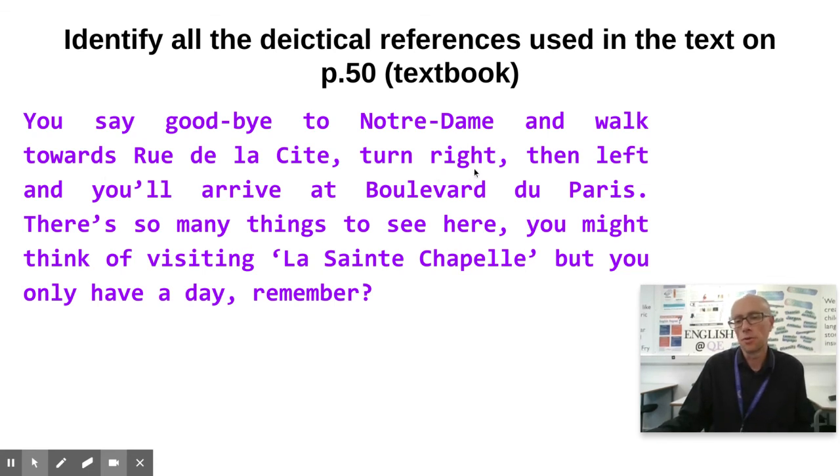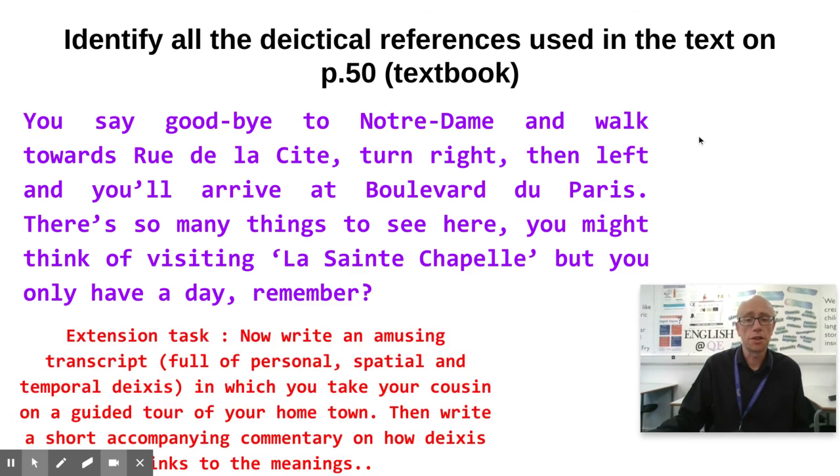And so you've got these orientation words here, right and left, which are also deictical. And you'll arrive at Boulevard du Paris. Okay, so your job would be to deconstruct all the deictical utterances there, try and work out whether they are personal, spatial, or temporal, and also distal and proximal if relevant.